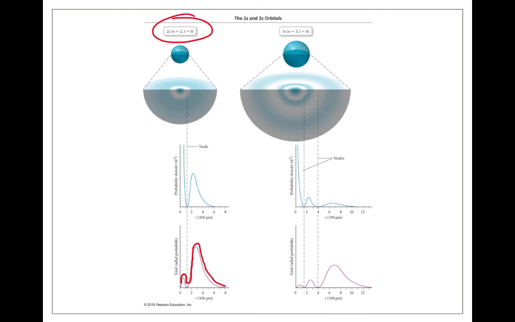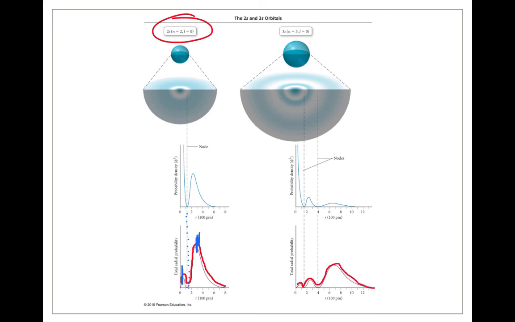So we actually have 2 areas where we're likely to find electrons, one much more so than the other. But then we have this dashed line right here, and this is an area where we have 0 probability of finding an electron. And then if we look at our 3s, we have a little peak there, a little bit larger peak there, and a much larger peak out here.